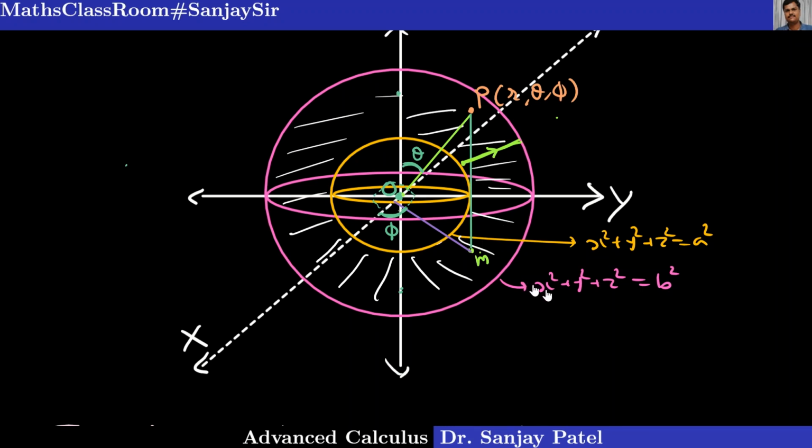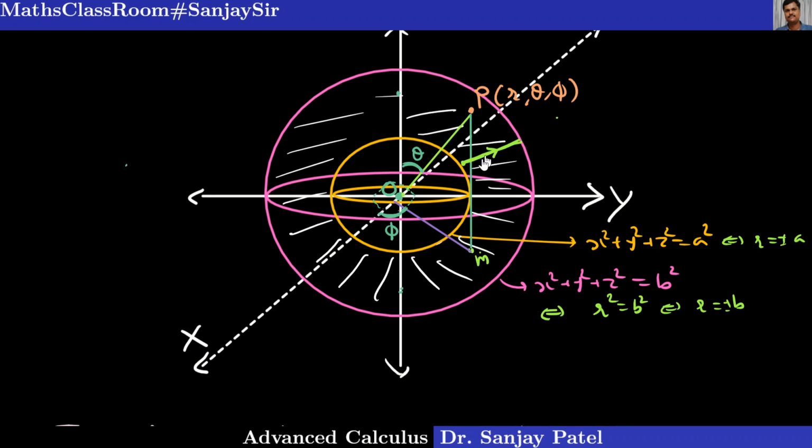What is the equation of this sphere in terms of spherical coordinates? This is given by r square is equal to b square, or you can say r is equal to plus or minus b, or simply let us write r is equal to b. In the same way, we have r is equal to plus or minus a.